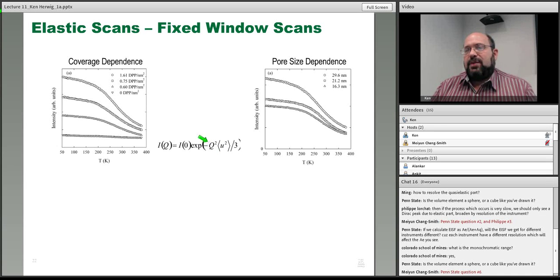In 3 dimensions, it falls off with Q as e to the minus Q squared U squared over 3. And now I'm going to take the intensity at each detector, at each Q, and model it by this equation and extract the ensemble average vibrational amplitude.